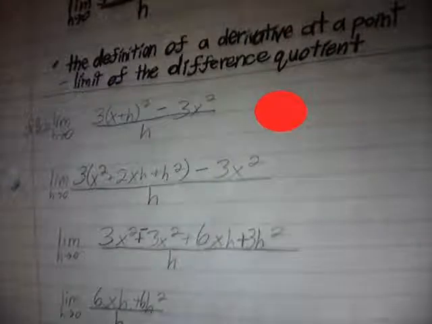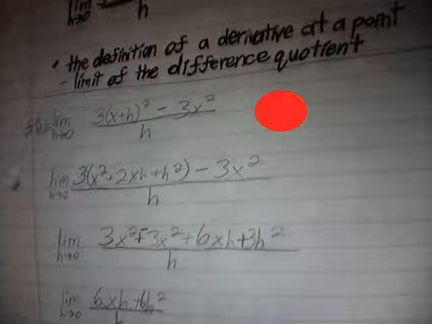When you plug this in, you get the limit as h approaches 0 of 3 times x plus h squared minus 3x squared all divided by h. If we leave it like this, there isn't much we can do because you're dividing by h, and that does not help us.